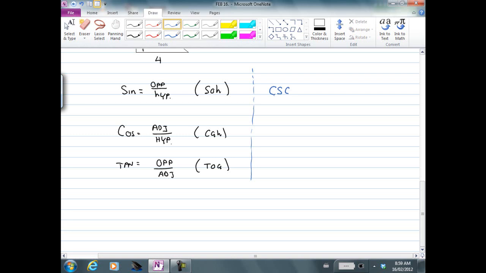CSC, cosecant theta equals hypotenuse over opposite. If I look at cosecant, really it's a reciprocal of sine, or you can think about it as 1 over sine. That's what cosecant is, 1 over sine.